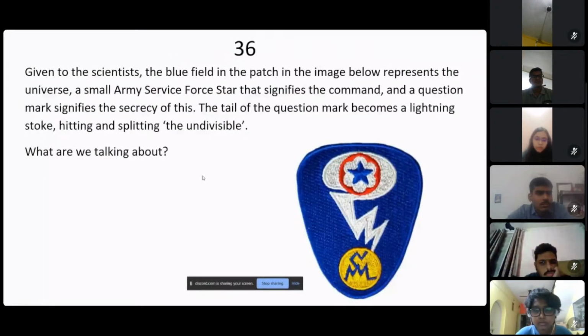So given to the scientists, the blue field in the patch in the image below represents the universe, a small army service poster signifies the command, and a question mark signifies the secrecy of this. The tail of this question mark becomes a lightning stroke hitting and splitting the indivisible. What are we talking about? Hitting and splitting the indivisible. Very specific answer.